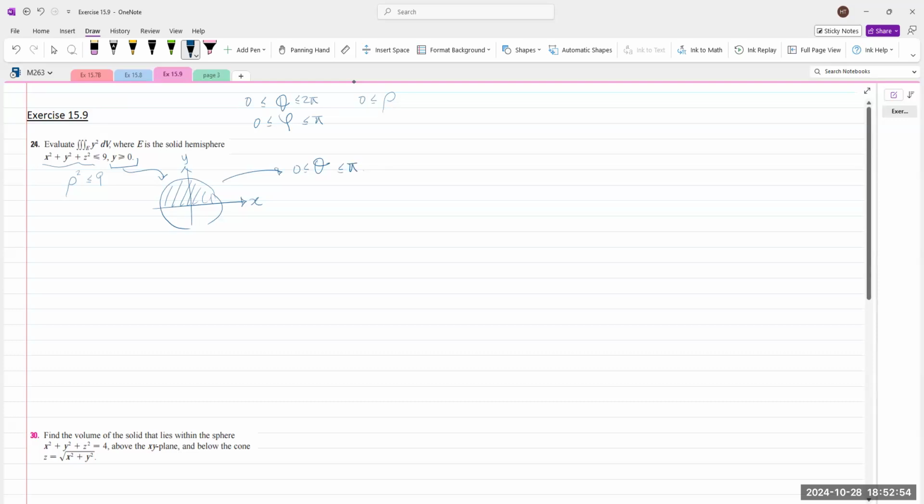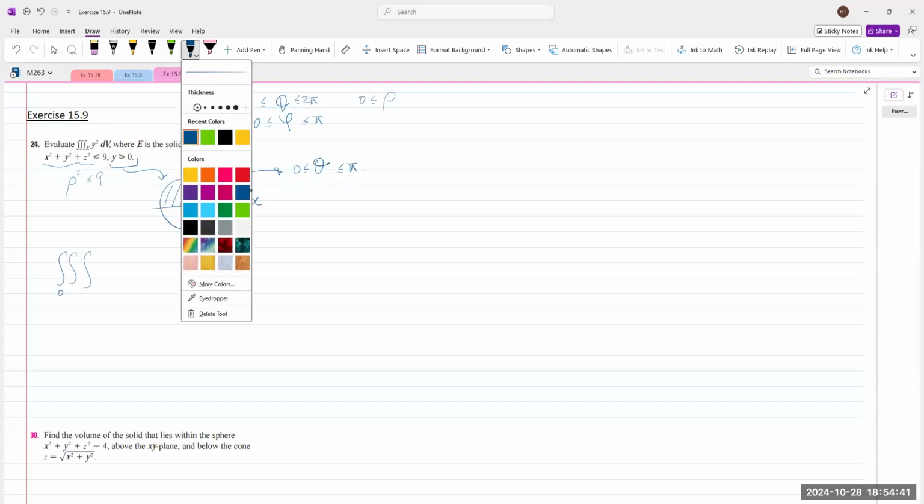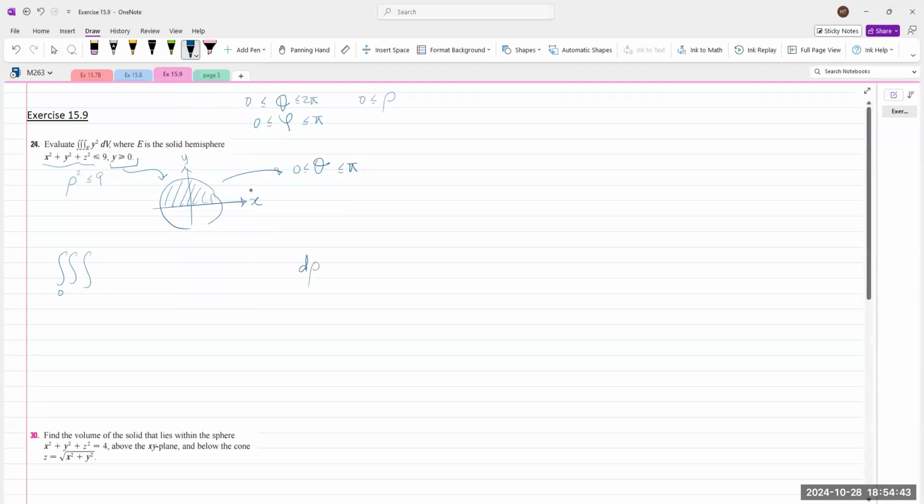Okay, so triple integral, the d phi is from 0 to pi, the theta is also from 0 to pi, and I write my phi but I use rho.